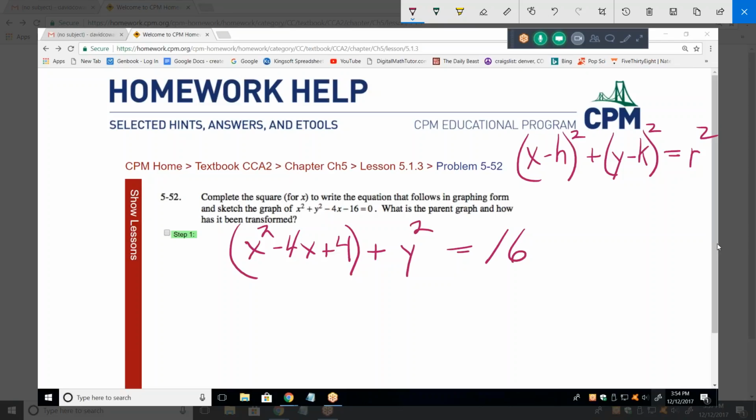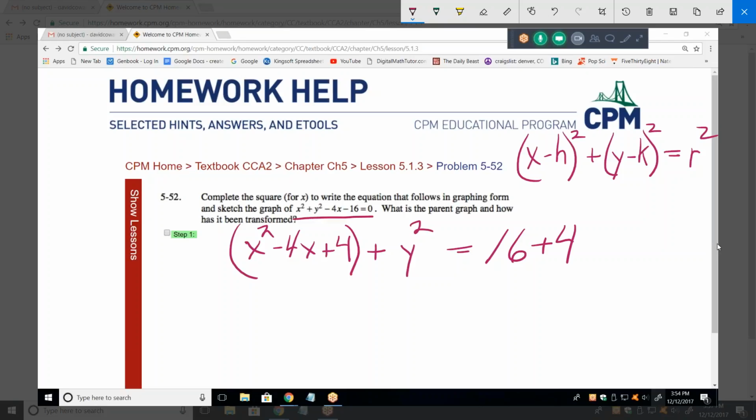Now I just changed the expression. How can I balance it out? I just added 4 to the left side when I wrote it in there. What do I have to do to the right side? I got to add 4 also. In other words, now I've got the same thing. I have not changed it.